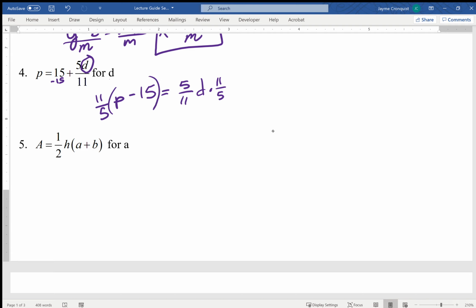Okay, so I have to simplify this a little bit. So I'm going to go ahead and distribute. I get 11/5 p minus, now when I multiply the 11/5 times the 15, the 5 will cross out, leaving 3. So I have minus 33. All right.